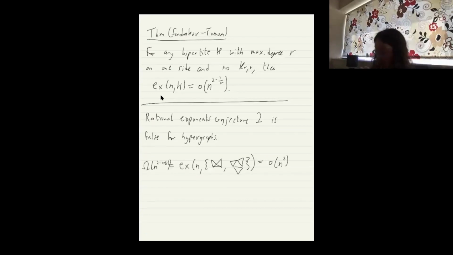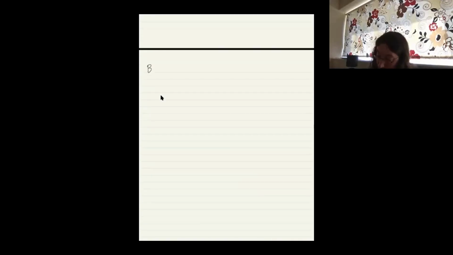All right, so the rational exponents conjecture, as I said, is false, but this particular thing is a special case of what's called the Brown-Erdős-Sós problem. The Brown-Erdős-Sós problem is the following.